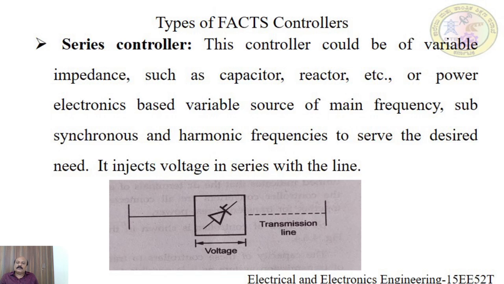When a variable impedance is connected in series with the line, the current that flows through it will have a voltage drop, which may be called the reactive drop. This is the same as injecting a reactive voltage in series with the line so that compensation can be achieved in order to transfer the maximum amount of power.